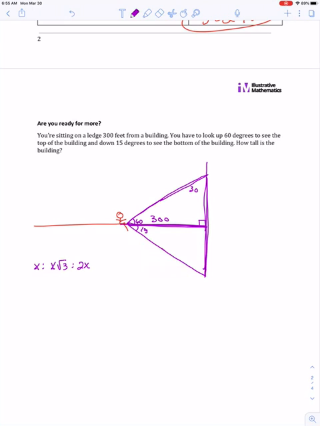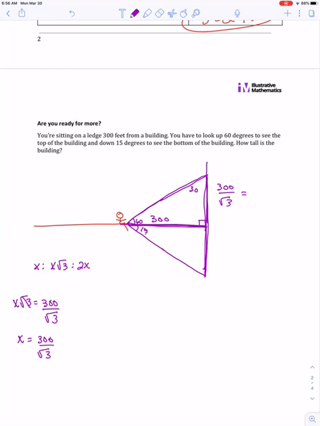So my longest side is x square root 3, which is equal to 300. So we have this for my x, which is this side, right? And honestly, since we're dealing with the height of something, here in a second I'll actually change that to a decimal. But let's look at this one now.